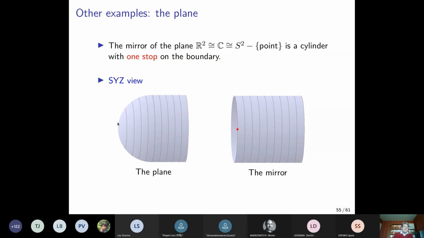The left-hand side is still the same as for the sphere, so we have to solve this by putting in this stop. But on the right-hand side, there's actually no problem. We have a finite circle. So on the right-hand side, we don't have to put in a stop. Nothing blows up. That's why we get a cylinder with one stop.